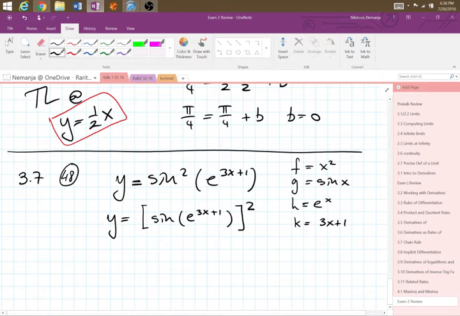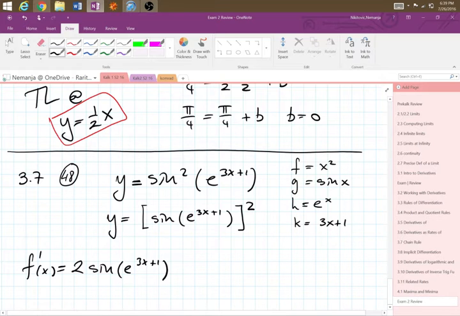Now, the outermost function is x squared, whose derivative is 2x, but x is all the guts there. So the derivative is going to be 2 times sine of e to the 3x plus 1. So that's like writing 2x.